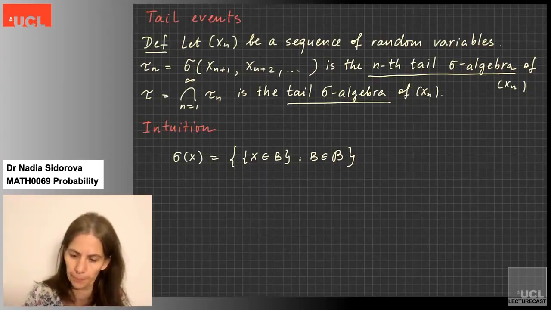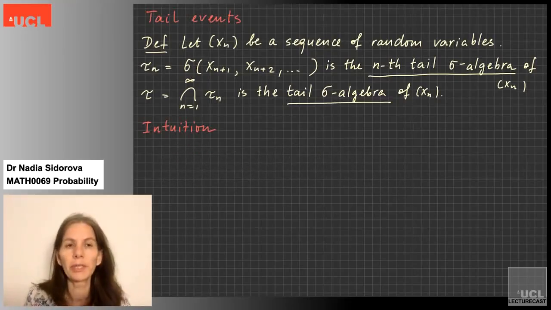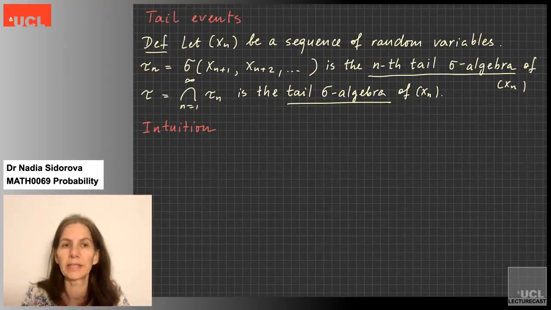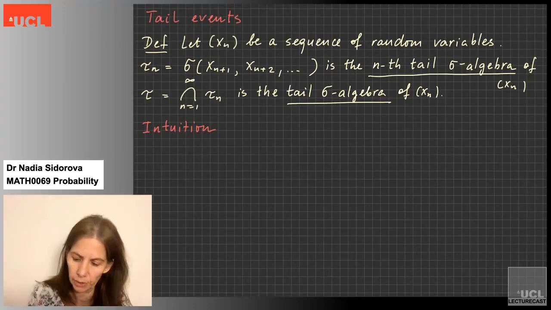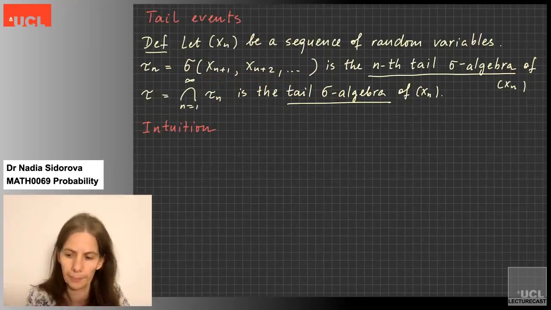Now, how can we interpret this? In a way, the sigma algebra of x is the information which we can get from the random variable x, right? So in particular, tau n is the information which we can get from all random variables starting from number n plus 1.